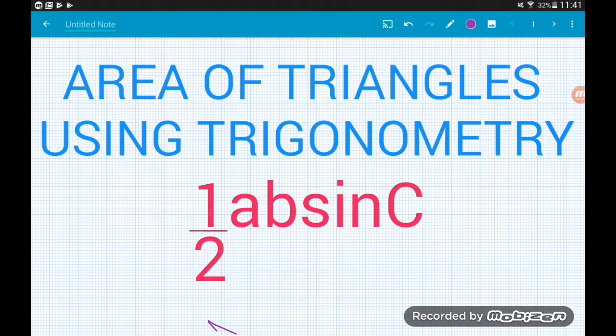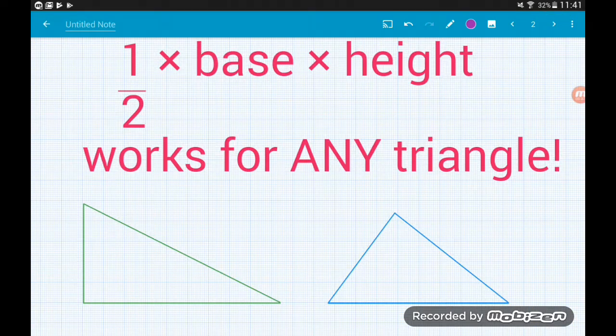So before we look at using trigonometry to find areas, I just want to point this out. It seems to be a very common misconception. 1/2 times the base times the height is the formula to work out the area of any triangle. It doesn't have to be a right angled triangle. It works for any triangle where we know the base length and we also know the height.